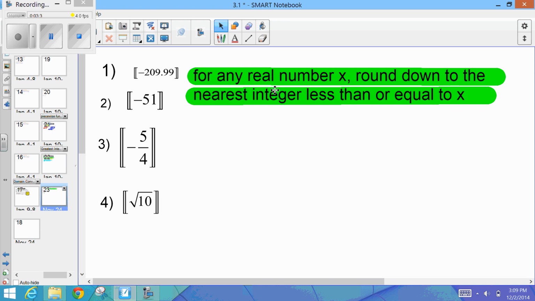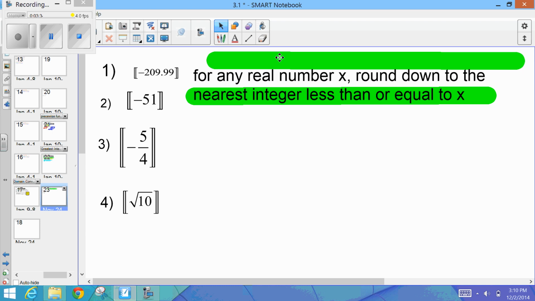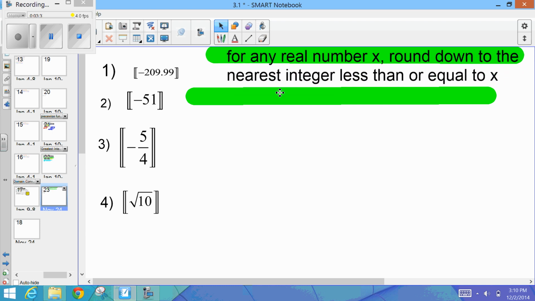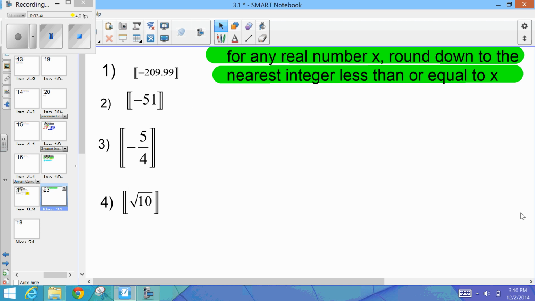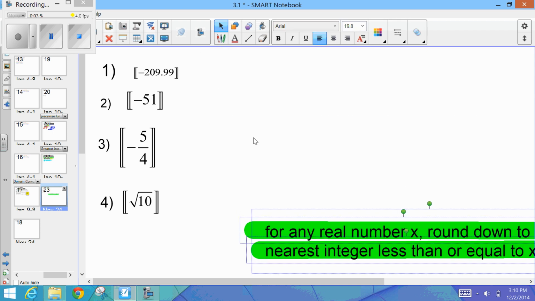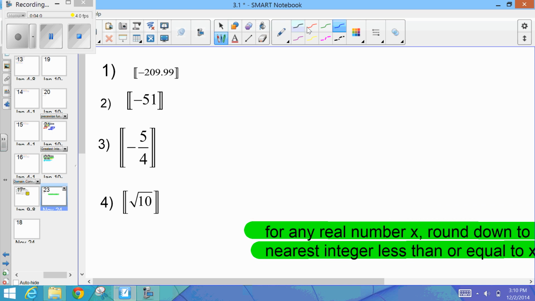All right, so my first problem. I'm being given a decimal, so I'm going to have to round that down. It always has to round down. It has to be smaller than or equal to what you're given. So what number is smaller than negative 209.99?